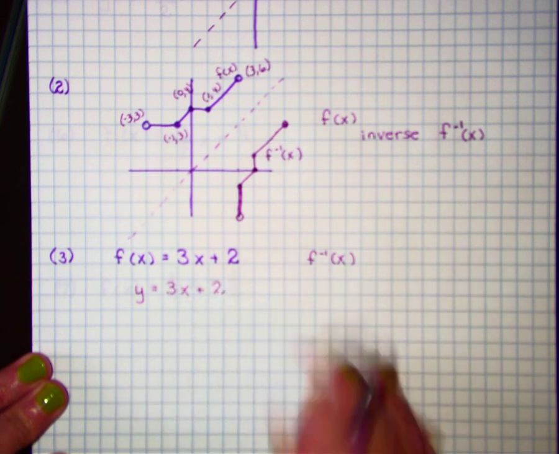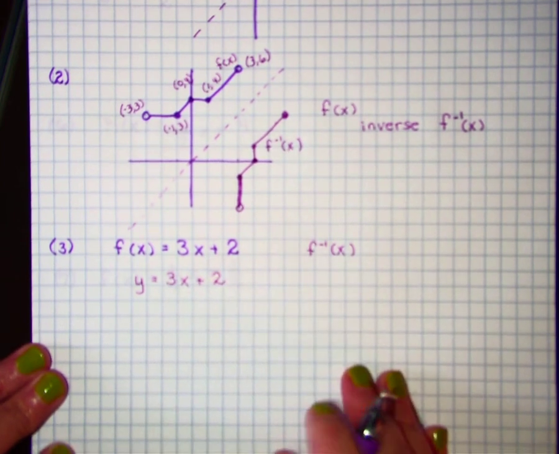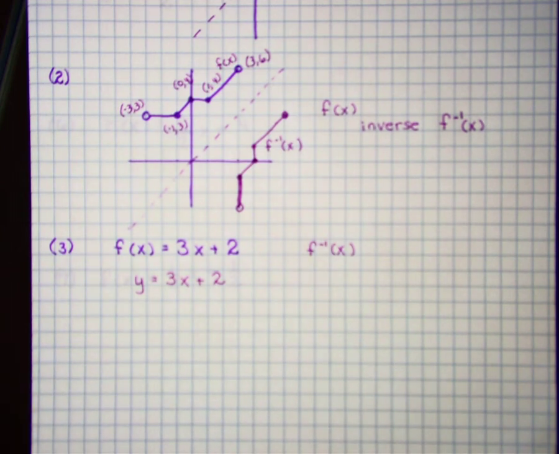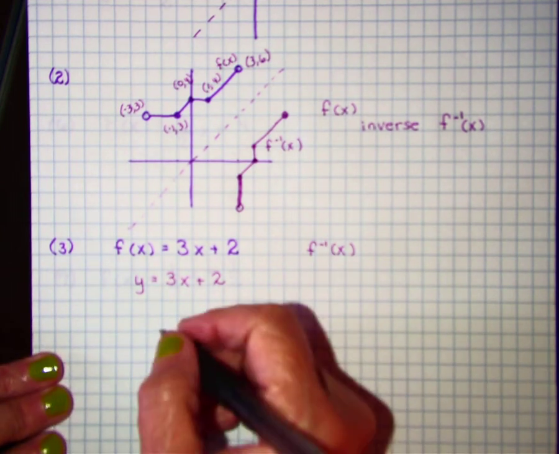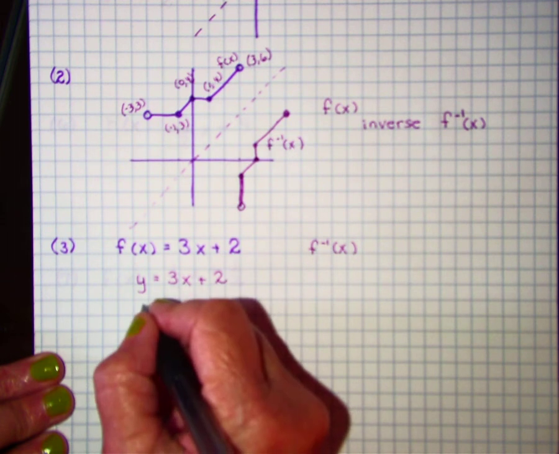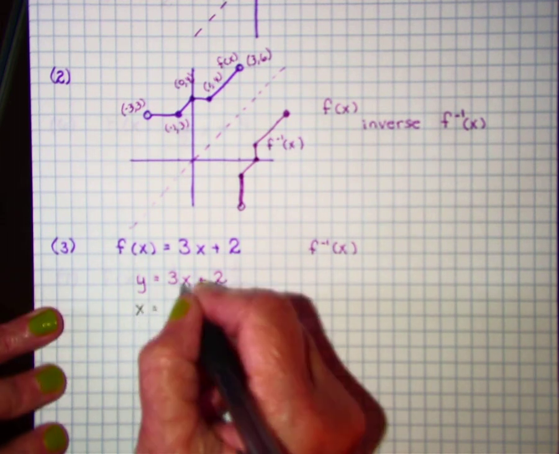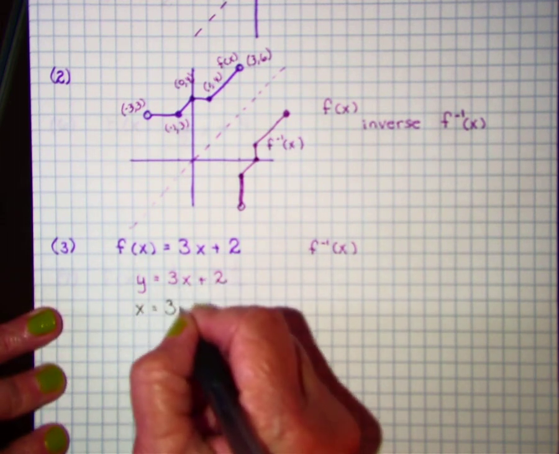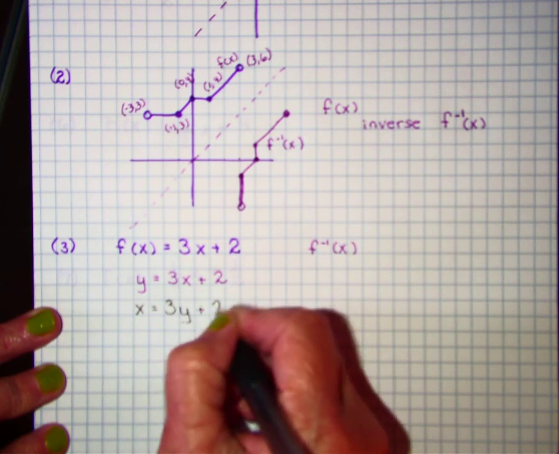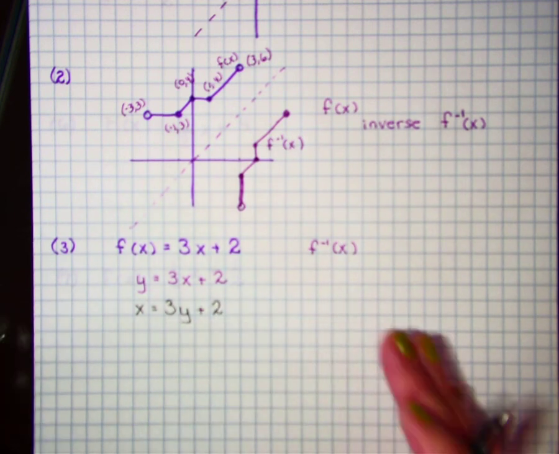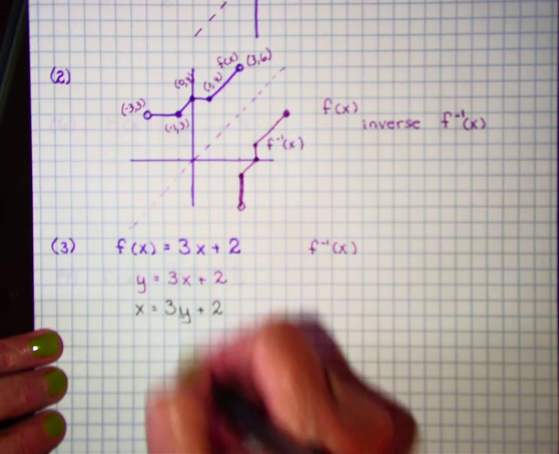So that's our first step. I just have y equals 3x plus 2. Now our next step is I'm going to change my y to an x, and I'm going to change my x to a y. And that's my inverse. But the problem is I have to solve for y.